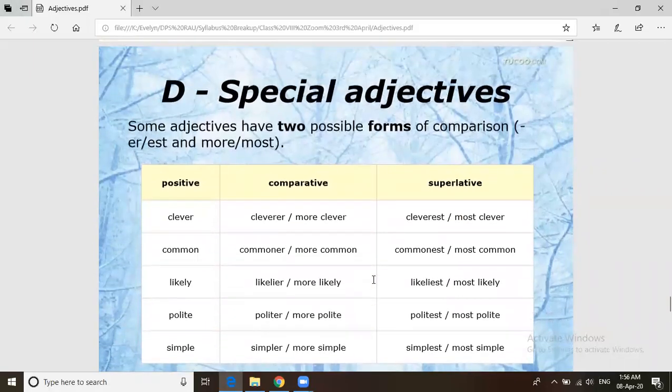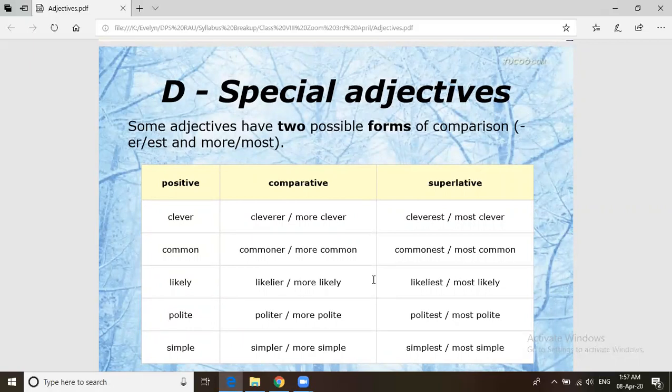Now there are some special adjectives. You need to know them because sometimes you read books by English writers, some European writers who are writing in English nowadays, some books by American writers, and you get confused.